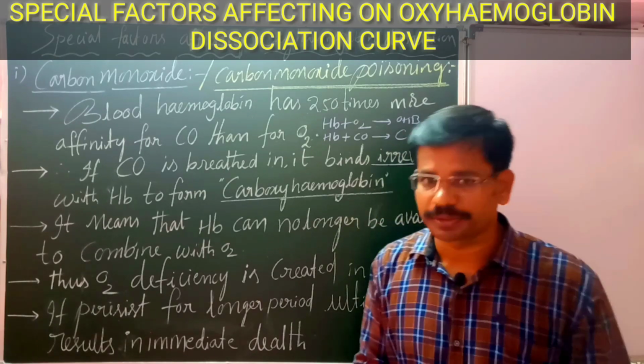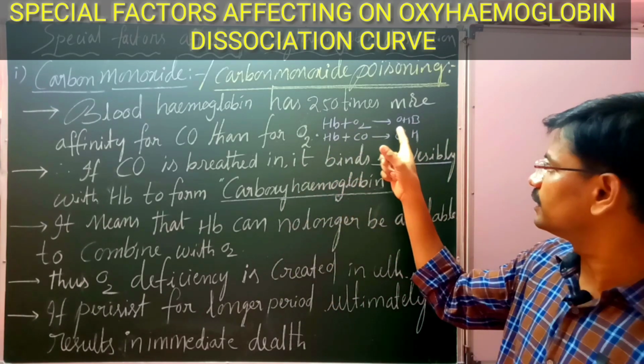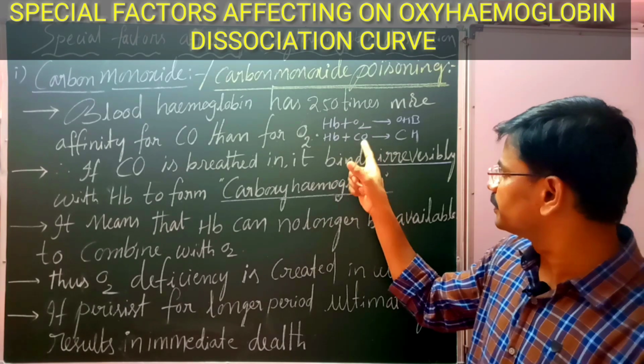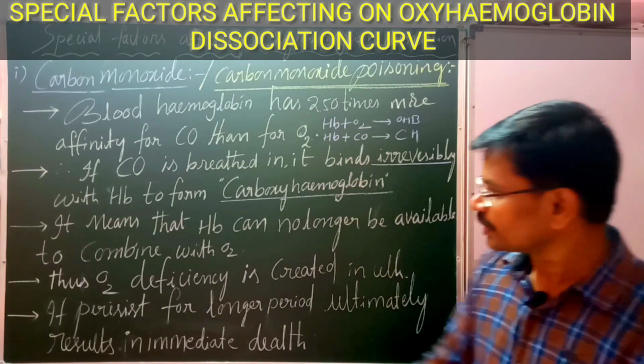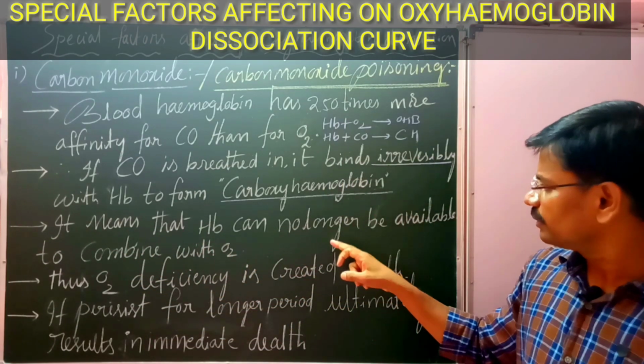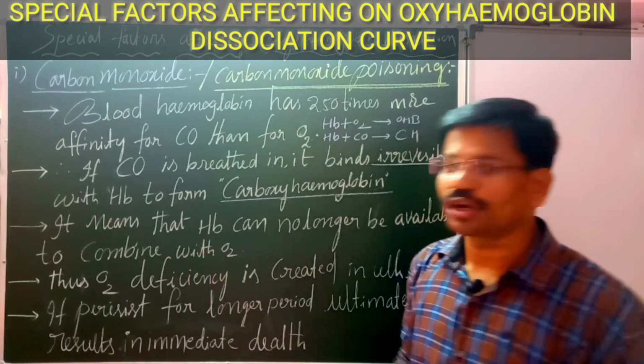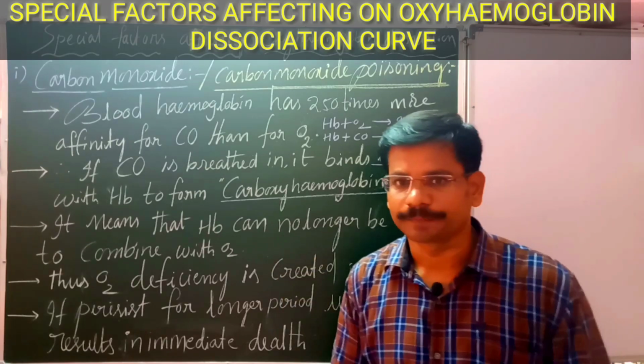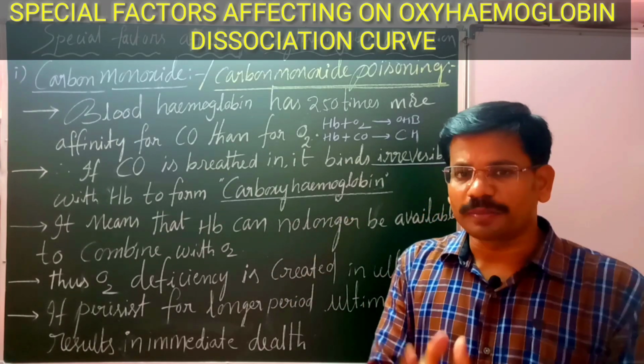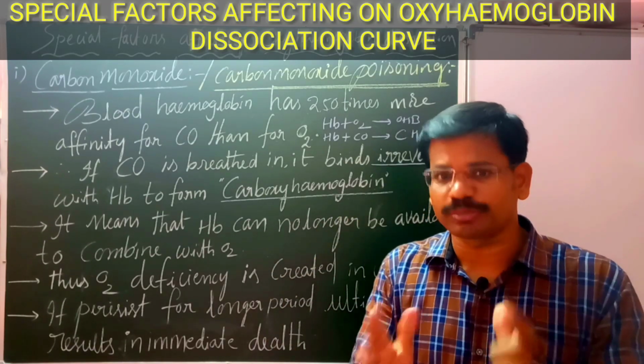Just now we discussed the reactions between oxygen and hemoglobin and between carbon monoxide and hemoglobin. It means that hemoglobin is no longer available to combine with oxygen. This statement is very important: if carboxyhemoglobin is formed, it cannot be dissociated. It is a stable product.